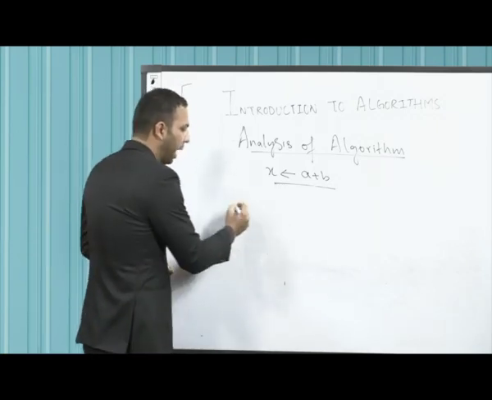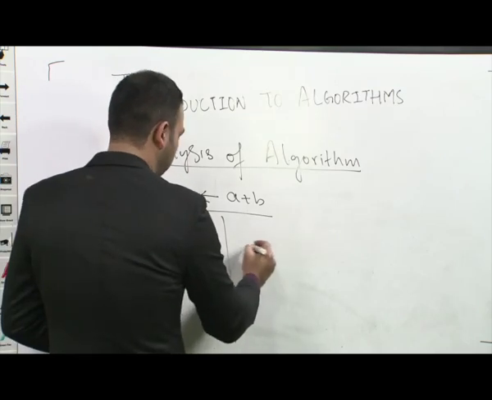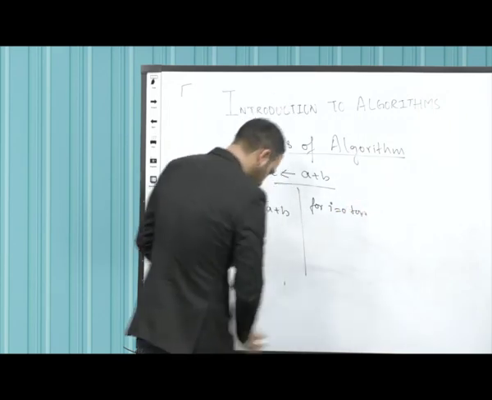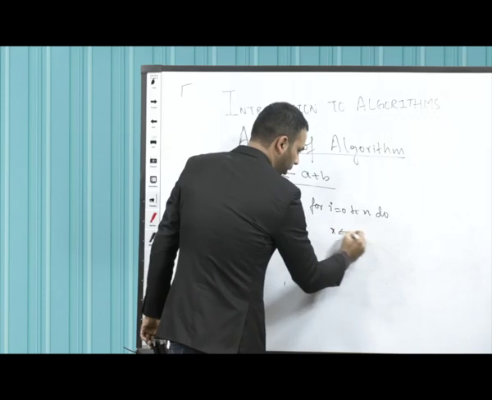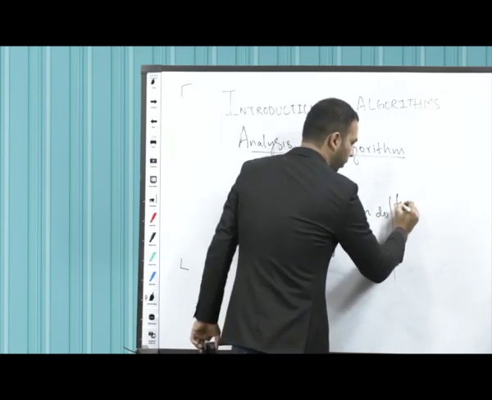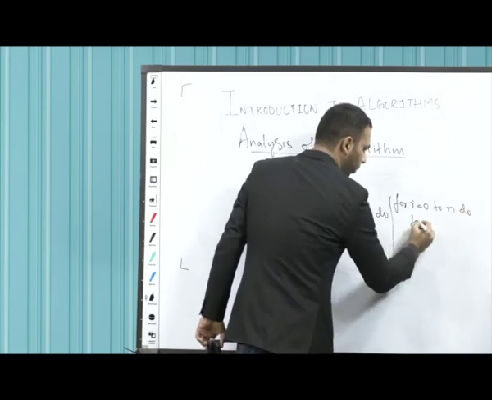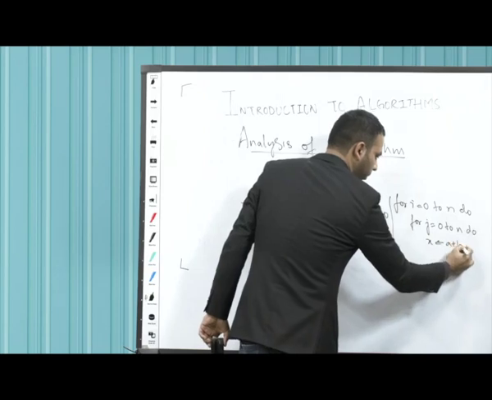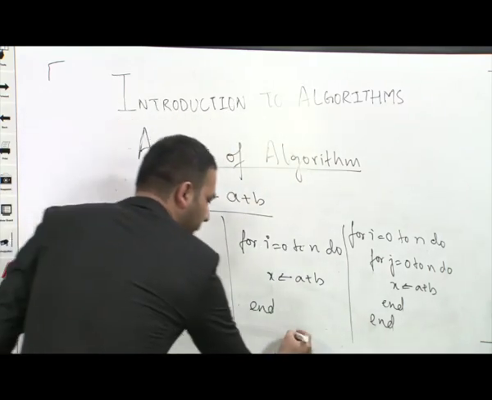So I'll simply write the statement x = a + b, and in another program I will write a for loop, for i equal to 0 to n. So I have written 3 fragments here.